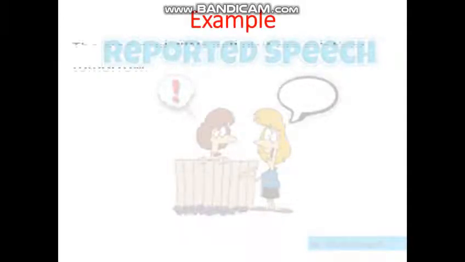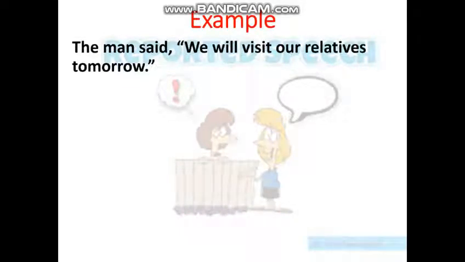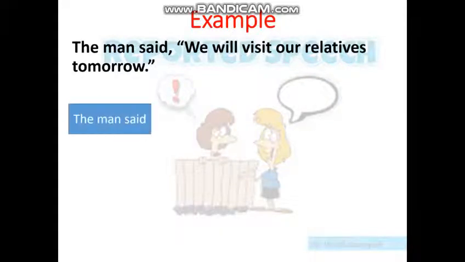Example. The man said, "We will visit our relatives tomorrow." Locate the things you will change. The man said that. The comma and the quotation turns to that. We becomes they.